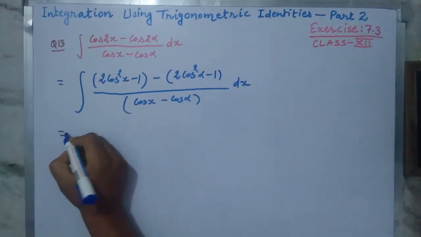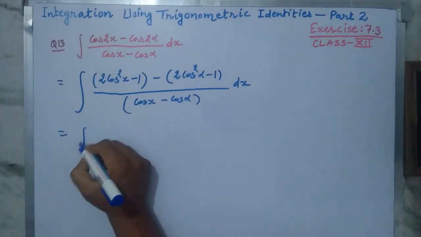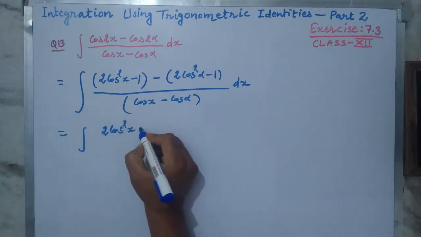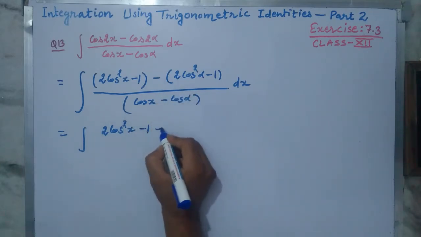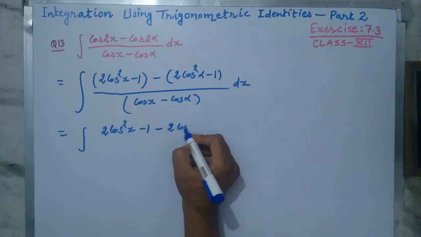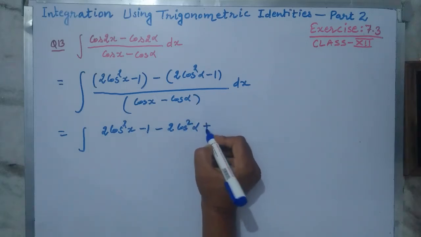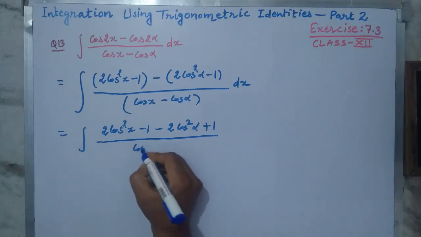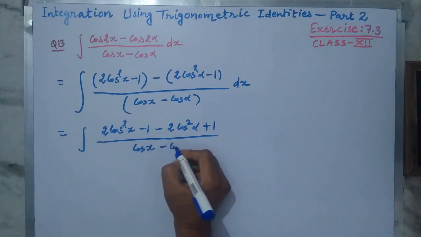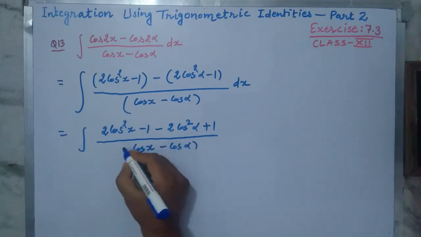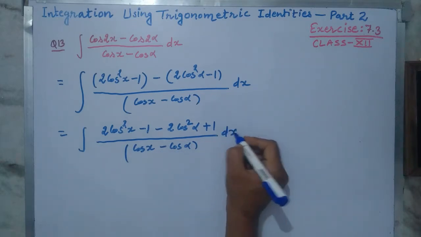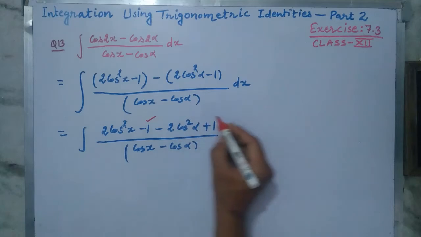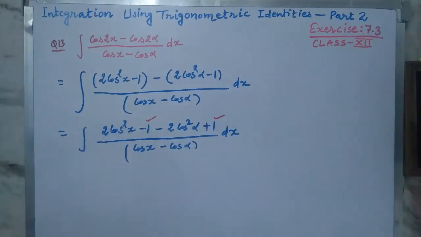So this way we have (2 cos square x minus 1 minus 2 cos square alpha plus 1) whole divided by (cos x minus cos alpha) into dx. So plus 1 and minus 1 got cancelled.